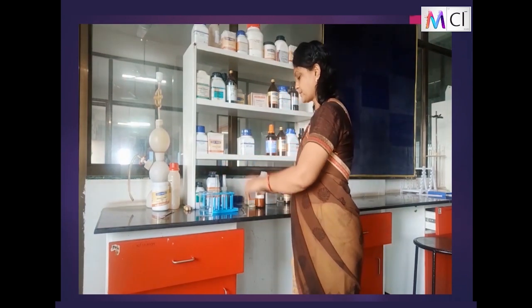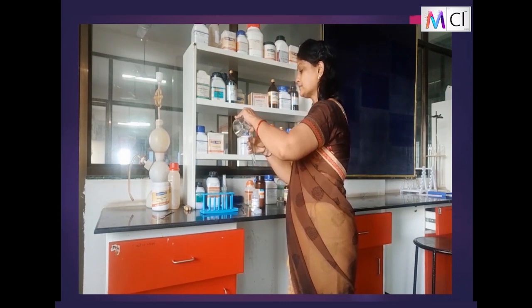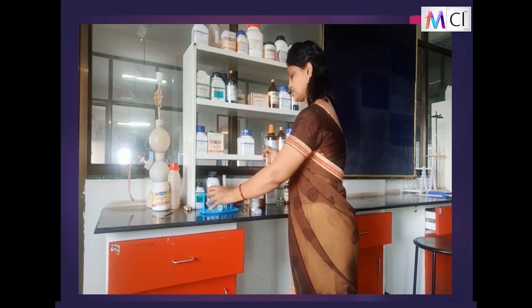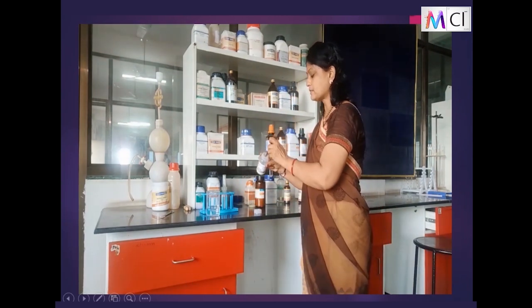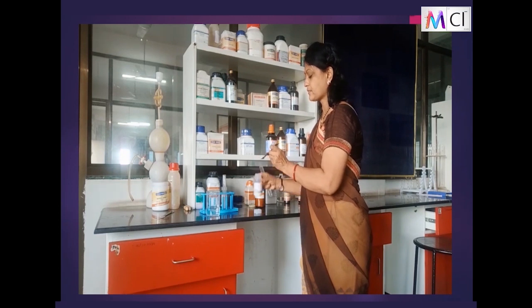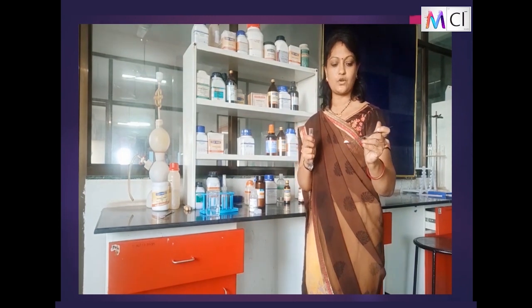And I have to make the solution of potassium iodide. So, this is potassium iodide. Take a sample of it. Children, it's a white crystalline salt. Okay?